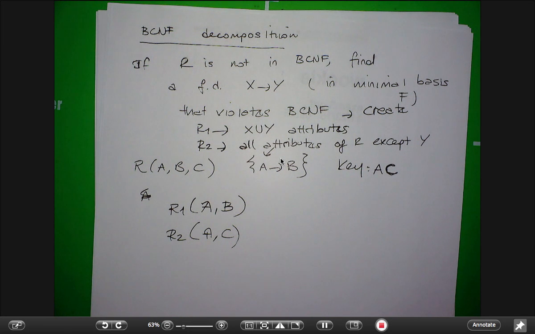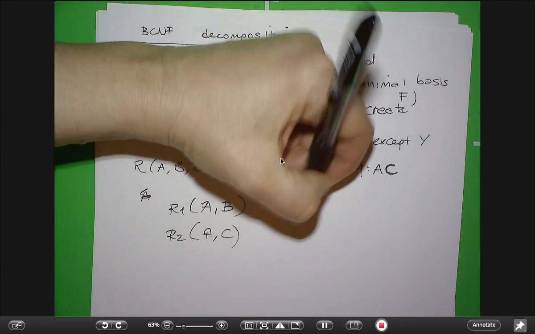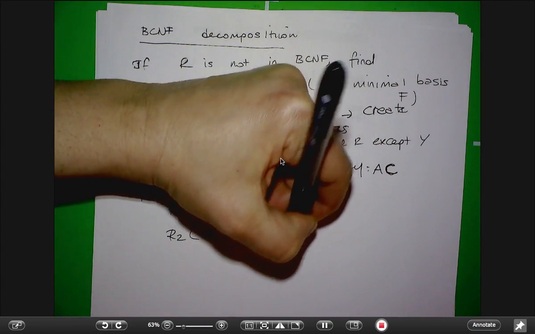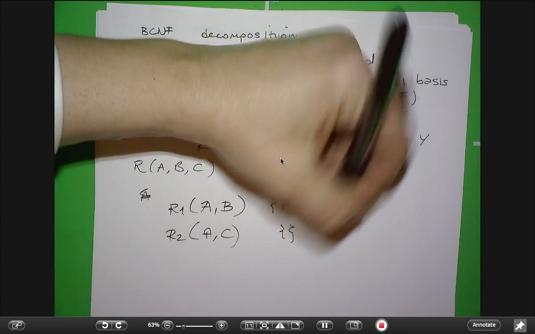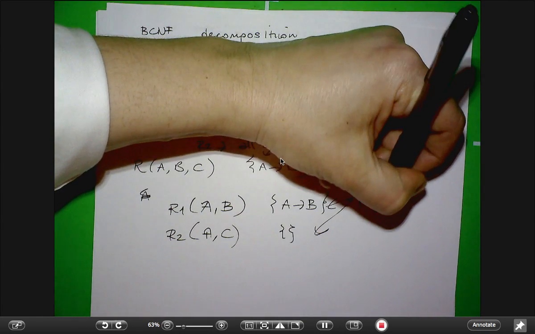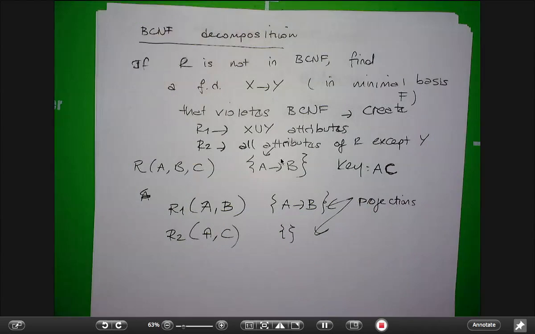Now you can find the projection of functional dependencies to these. So A implies B, and this is nothing. Okay, so these are projections. And now check, is R1 in Boyce Codd normal form?